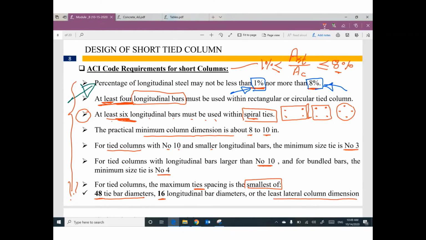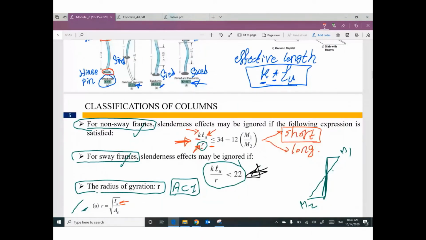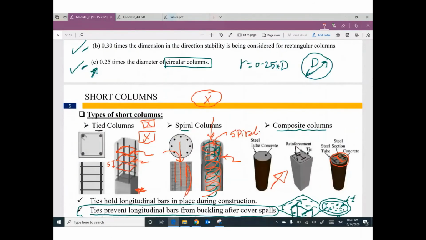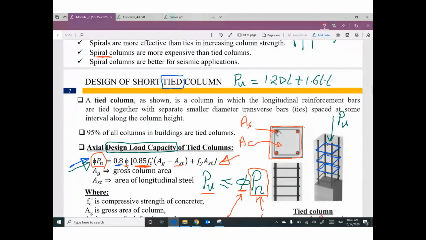So I don't care if my column is short or long. From the beginning, if your column is short, buckling is neglected. If your column is long, buckling is considered. It's another issue. Once you are done, considered or not considered the buckling, forget it. We are talking about new shapes or new types of column. If your column is a tied column, I will design it like this.